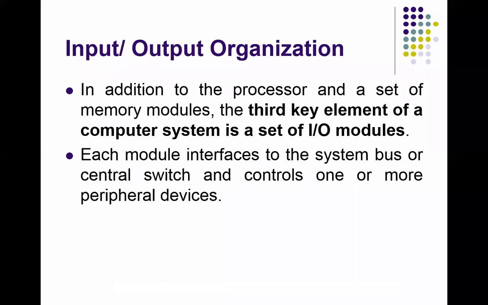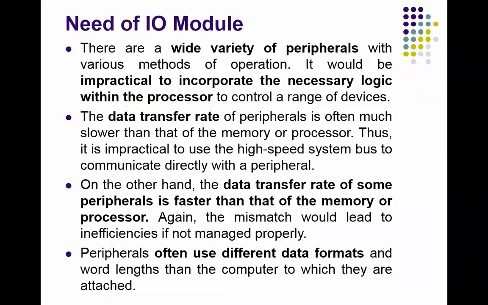As you have posted in the chat box, there are a number of peripherals available to give the input as well as to get the output. Right? A number of devices are available. So for all these devices, it is impractical for the processor to coordinate with all of them, right?